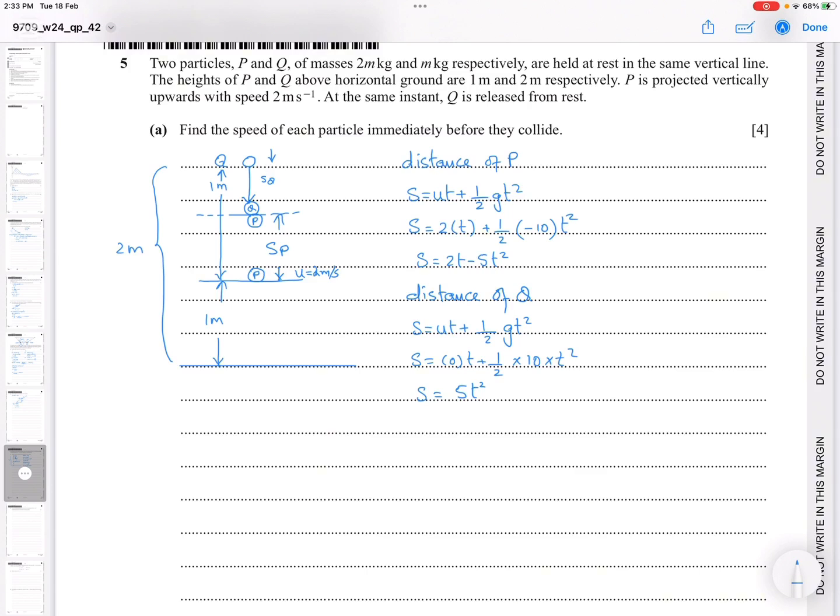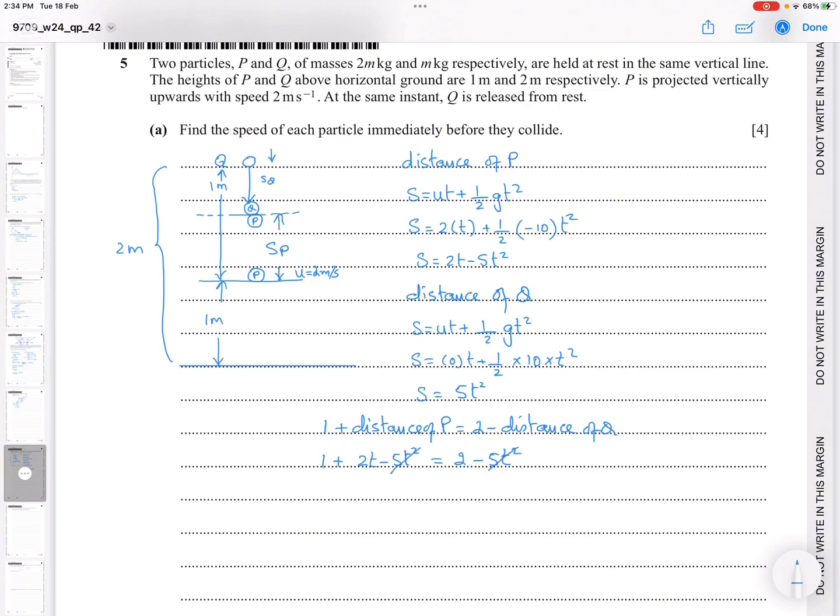So 1 meter plus distance of P is equal to 2 minus distance of Q. So 1 plus distance of P, which we found in terms of t, that is 2t minus 5t square, is equal to 2 minus distance of Q, which is 5t square.